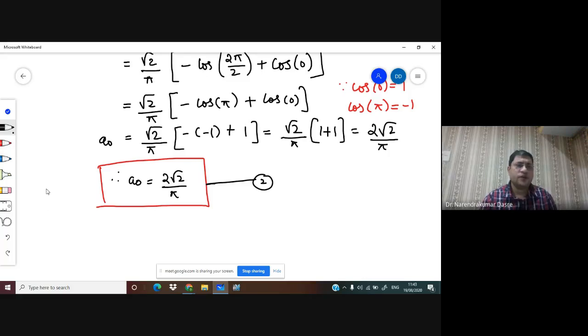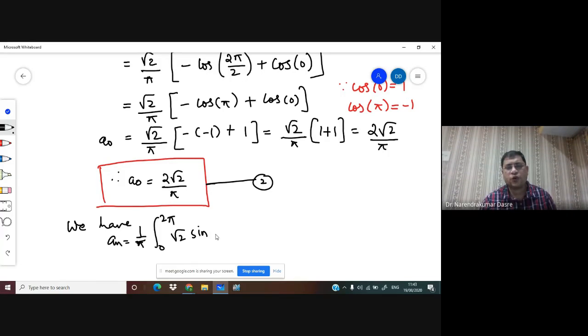So now we have, okay, so an is equal to 1 upon pi integral 0 to 2 pi sine of x by 2 into cos of nx.